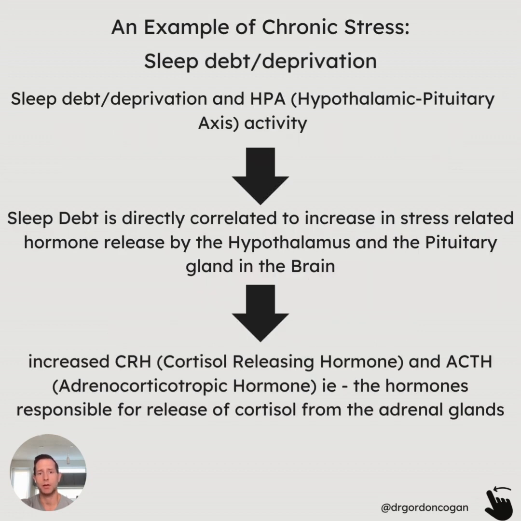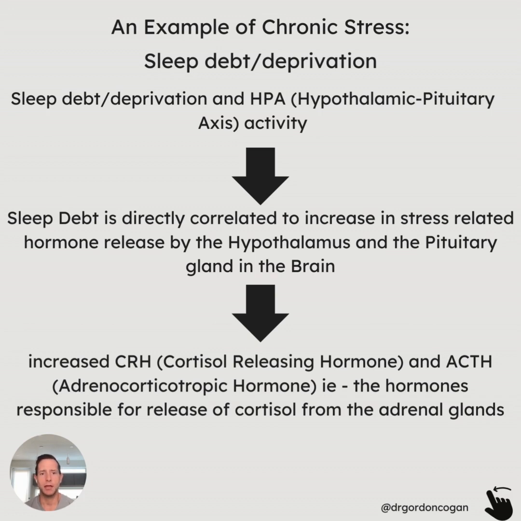What are we talking about here? As an example of chronic stress, we're going to use sleep debt or sleep deprivation. Once again, super common in today's lay of the land, at least here in North America.